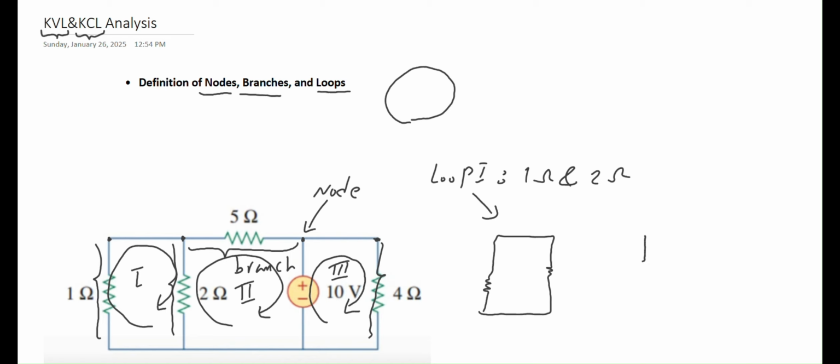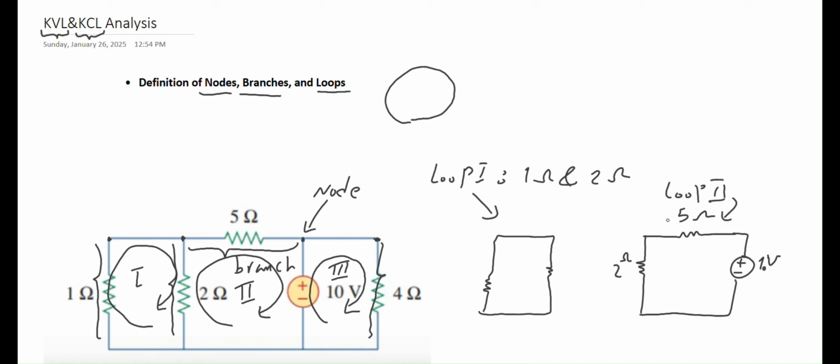And loop 2 starts with 2 ohm resistor and then goes to 5 ohm resistor, and then I have the 10 volt power source. That is my loop 2. So that's the definition of loop, branch, and node.